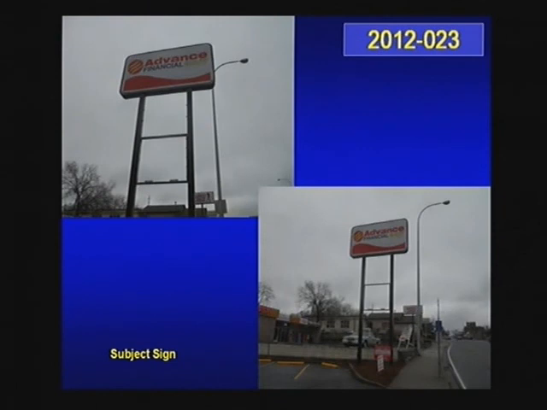Let me get to the picture. This shows the sign as it sits today, and I'll focus your attention to the bottom right photograph. Its nonconformity is based upon the setback of that sign. When the sign code was adopted in 1993, they allowed signs that sat too close to the road, if they were raised over 10 feet and taken out of the visibility issue, to remain where they were.